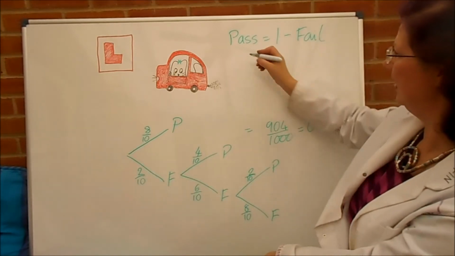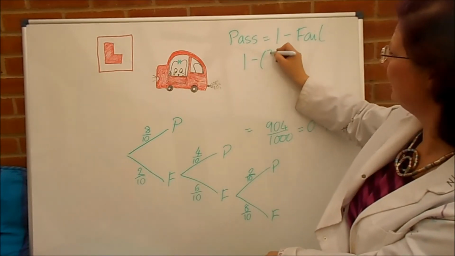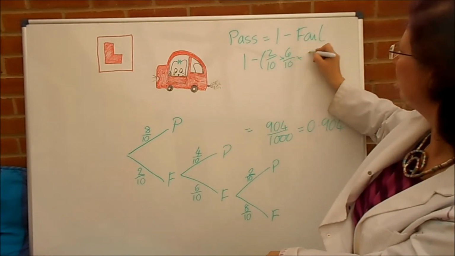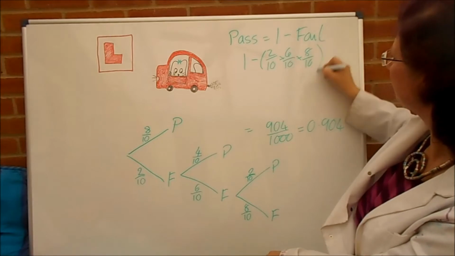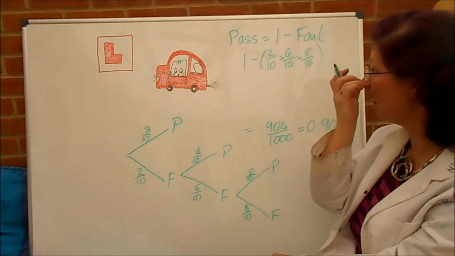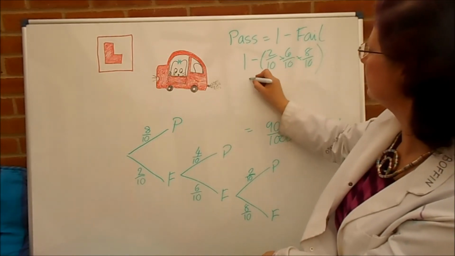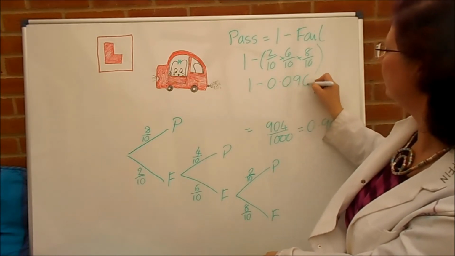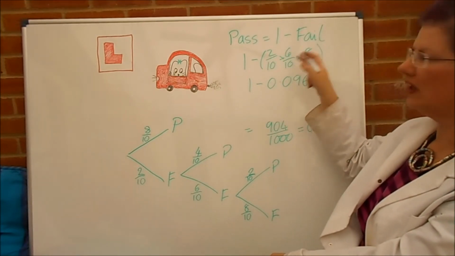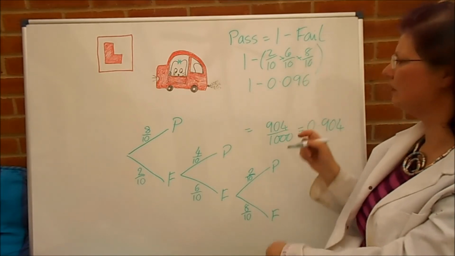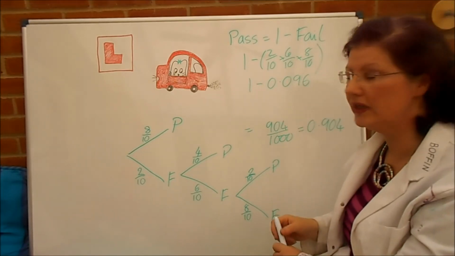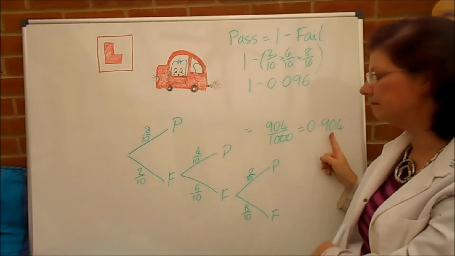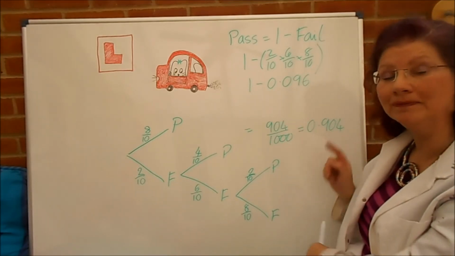Failing is that down there. So it's 1 take away 2 out of 10 times 6 out of 10 times 8 out of 10. 2 6s are 12, and 12 times 8 is 96, so that's 1 minus 0.096. Okay, that comes to 96 over 1,000, which is 0.096. And when we do 1 take away 0.096, it comes to 0.904.